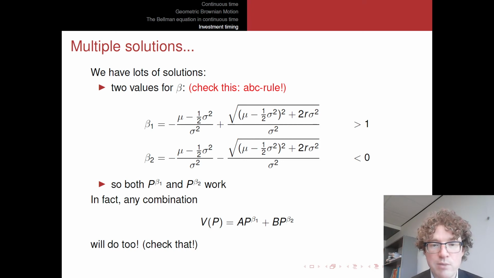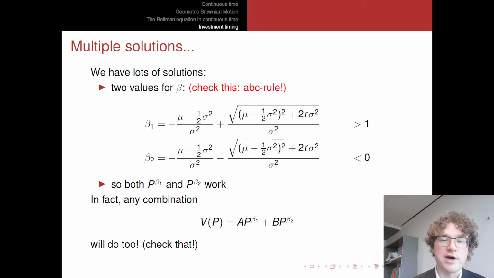And in fact we have even more, because any combination of those two, so any constant A times p to the power beta 1 plus any B times p to the power beta 2, will also solve that Bellman equation by virtue of linearity of that equation. You can check whether this expression actually solves that equation.